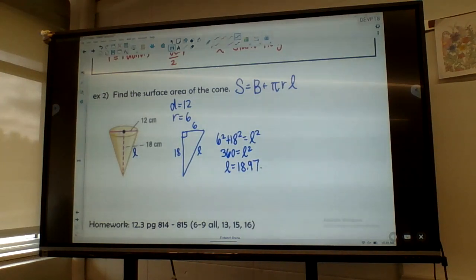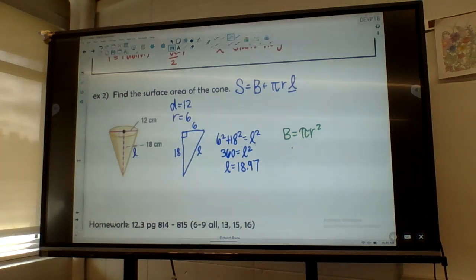So again, I get my L, and I know L, I know R, I know B, or I can find B, so let's do that. So B is pi r squared. Now careful, R is 6, it is not 12. And 6 squared is not 12.